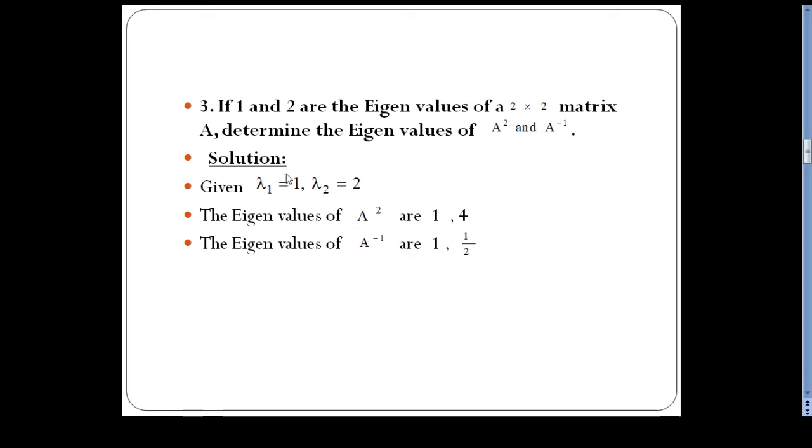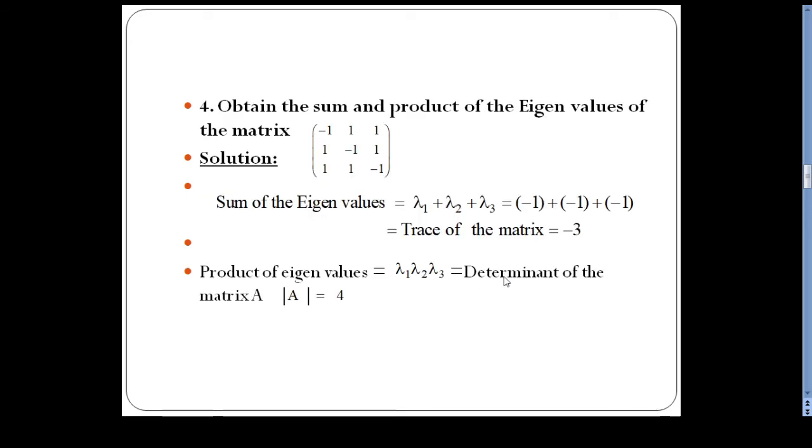We have to square the lambda values, that is lambda 1 square and lambda 2 square. So we get 1 square, which is 1, and 2 square, which is 4. Then the eigenvalues of A inverse are 1 by lambda 1 and 1 by lambda 2. So 1 by 1, which is 1, and 1 by 2. These two are the eigenvalues of A inverse.